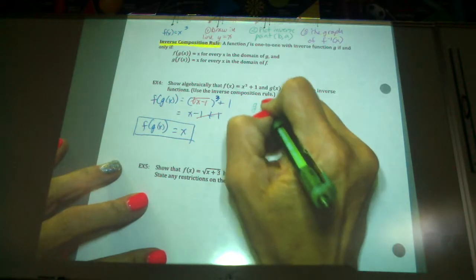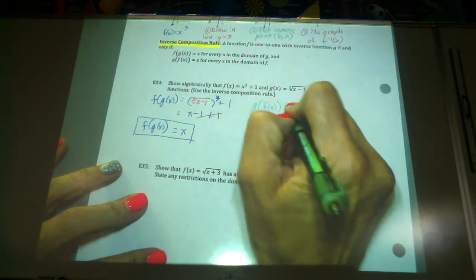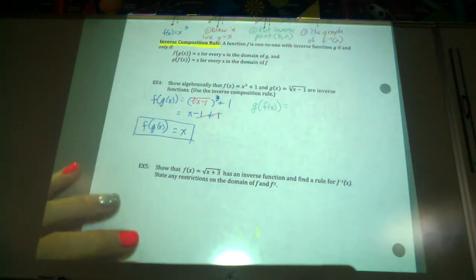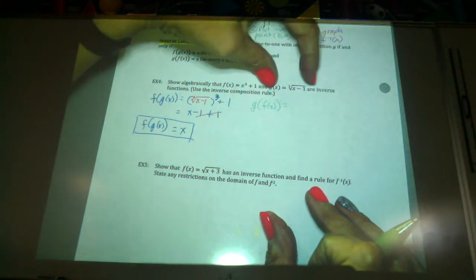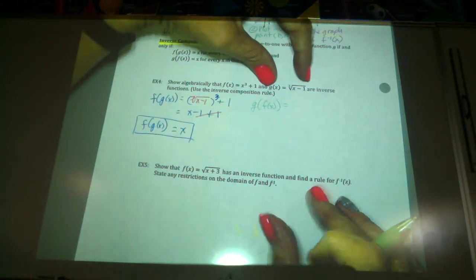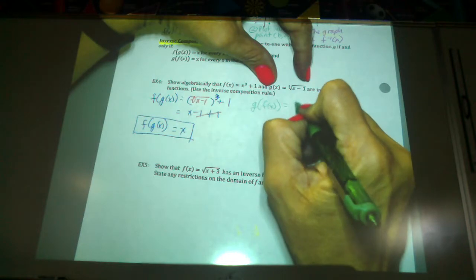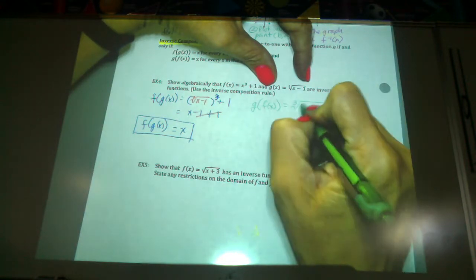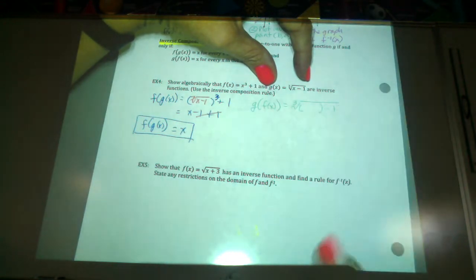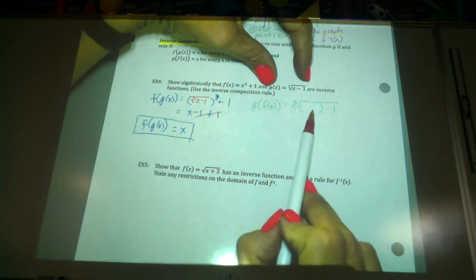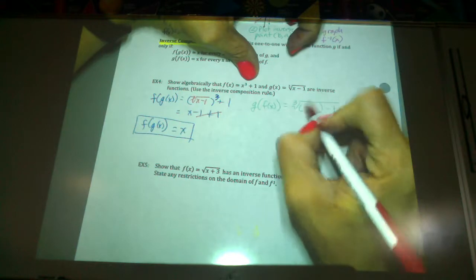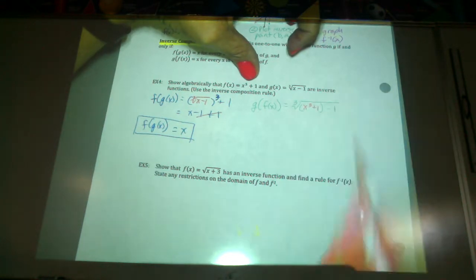So g of f of x equals... g is on the outside, so we're going to use g as the umbrella function. I'm going to rewrite g, but everywhere there's an x, I'm going to put parentheses. There's my umbrella function. Inside those parentheses, I'm putting in f of x, which is x cubed plus 1. So we're okay with that.